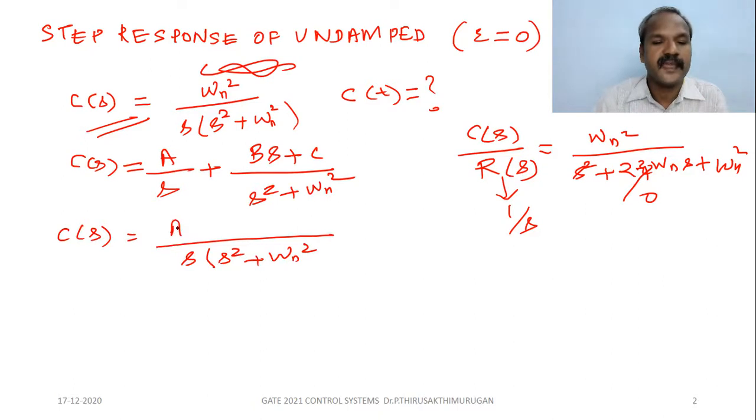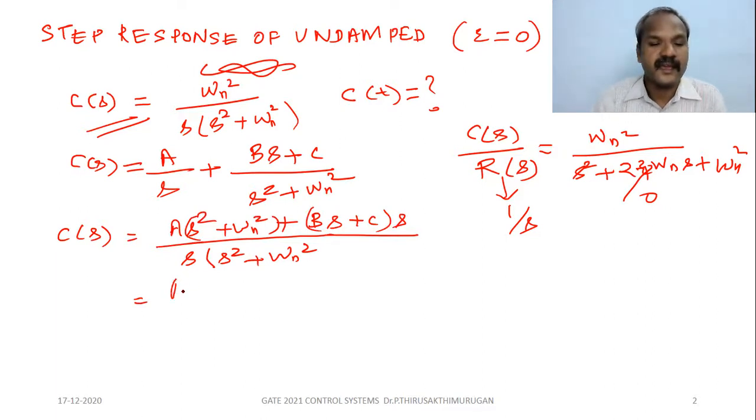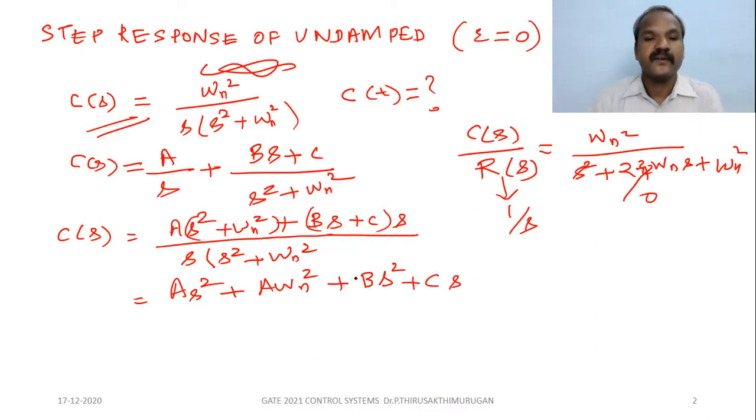The numerator is A into S square plus omega n square plus Bs plus C into S. We can get it as A S square plus A omega n square plus B S square plus C S. On the left hand side, we have only omega n square. So we can simply get the solution for A by substituting S equal to 0.